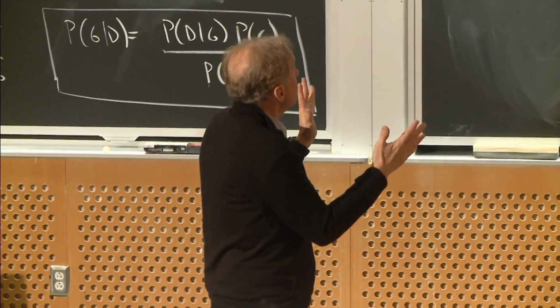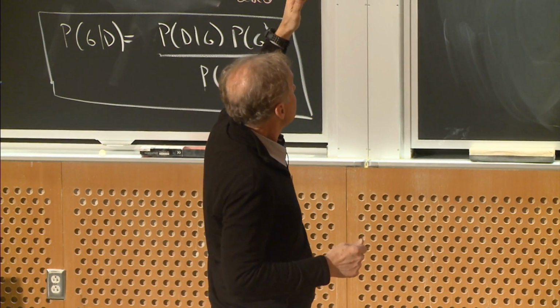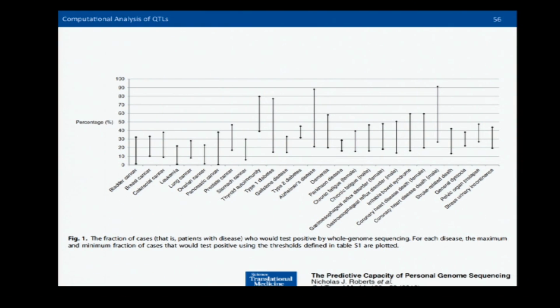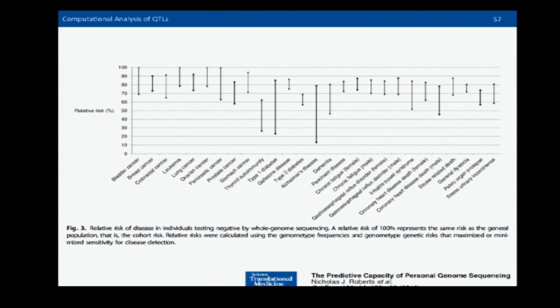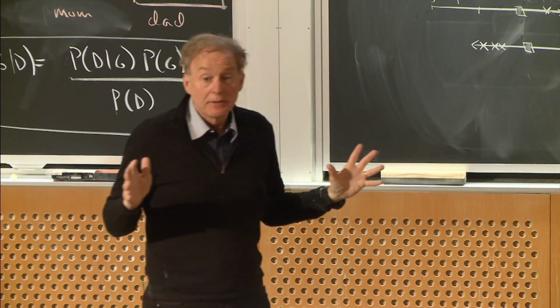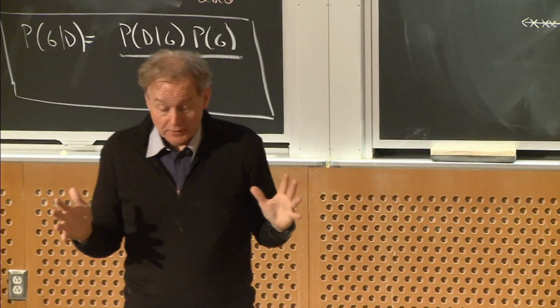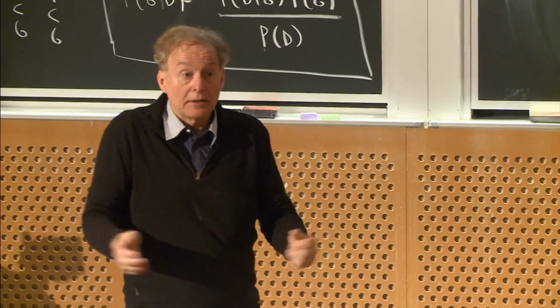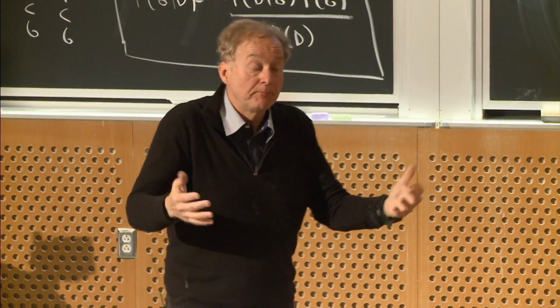That is, if you have a disease, for over half of these, the test will not be positive. And furthermore, if you test negative for the disease, your relative risk, that is the chance you're going to get the disease to the chance you get it at random in the population, is not really reduced that much. And so since this study relied solely on twin data and didn't make any other assumptions, it raised the question in the field of to what extent is personal genome sequencing going to be really helpful.